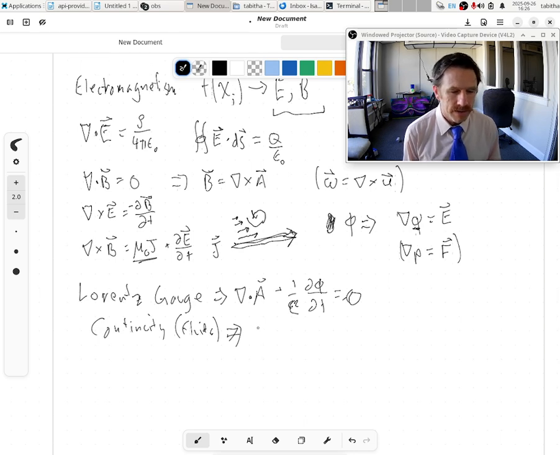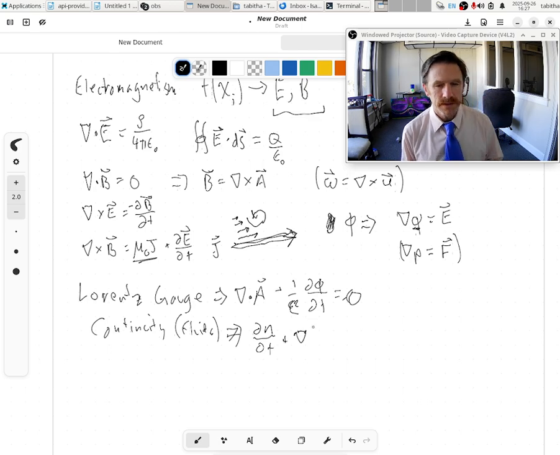It says that the rate of change of a density of a fluid, which I'll call n, is solely due to incoming fluid into the system. So this would be a divergence of the bulk velocity.